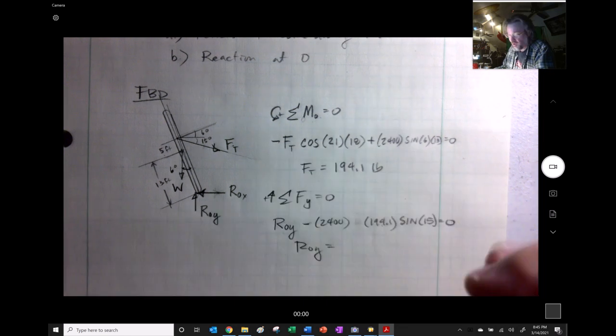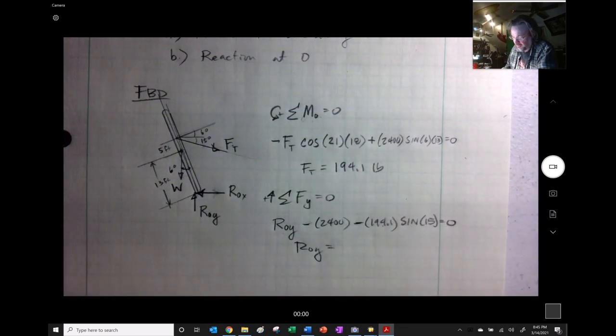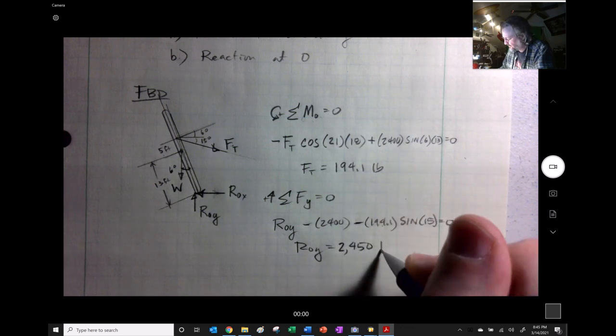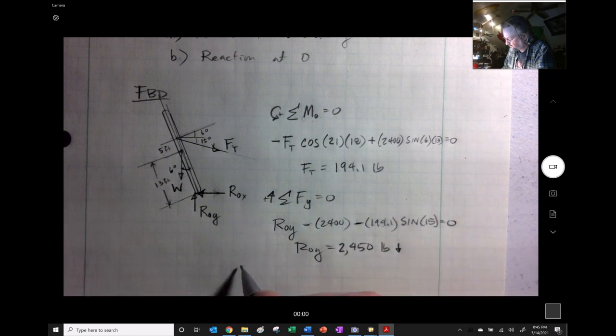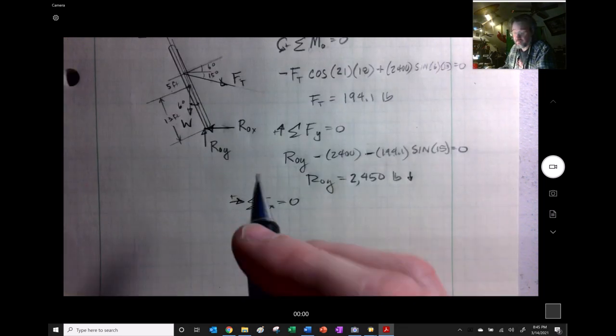It's also pulling down. Almost made a mistake. Really easy to make them. Add them together, 2,450 pounds. And that's coming downwards, right? And the sum of the forces in the x direction is equal to 0. There you go, there's positive right there.